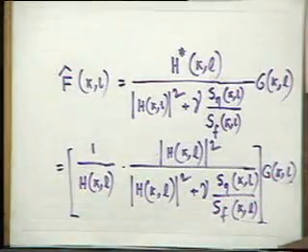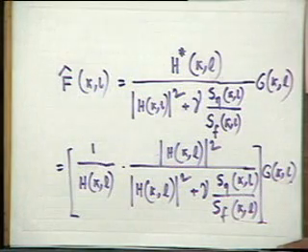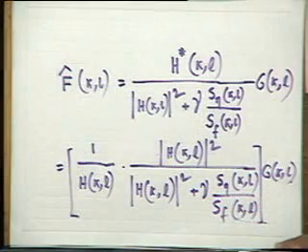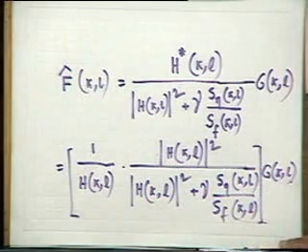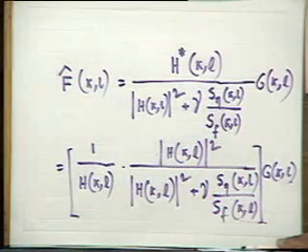Unless you know the degradation model, you can't do the restoration, so H of KL must be known, that goes without saying. But you must also know S_F KL and S_eta KL, the power spectral density of the signal as well as the noise. And not only that, how do you measure this? This must be measured over an ensemble of images.